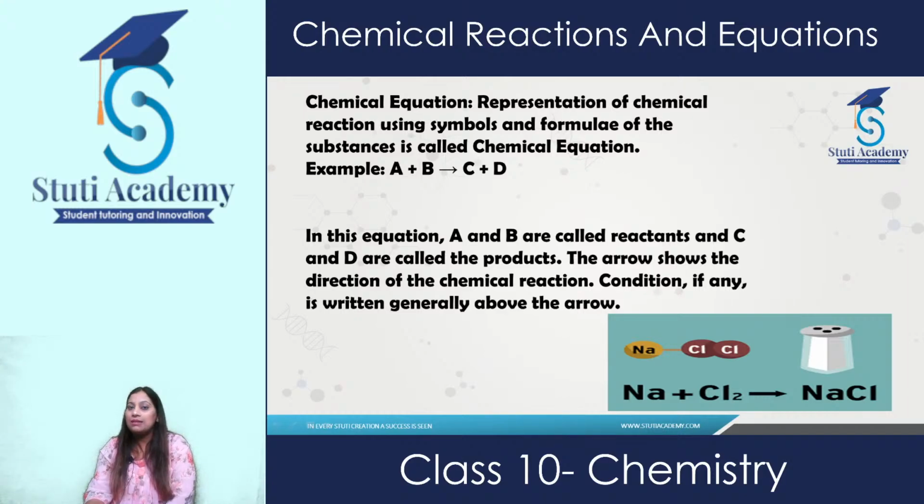That I'll teach you in the forthcoming chapter later on. There are different methods to balance a chemical equation, and one of those methods is the hit and trial method. How we can use this method, I'll explain later.